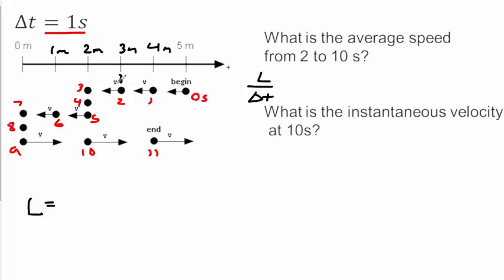So I start out here at 3 meters, I move an additional 1 meter there to get to here, then I don't move for a few seconds, and then I move 2 meters there, and then I don't move for a few seconds, and then I move 2 meters more until I get to my 10-second dot. So my total path length is 5 meters, and my time interval is 8 seconds.